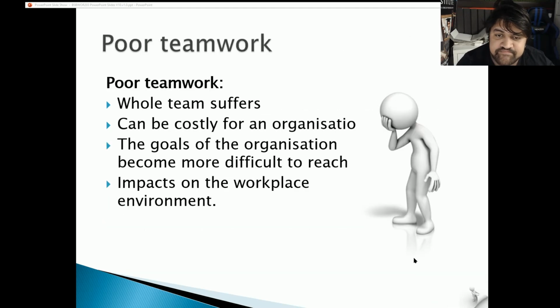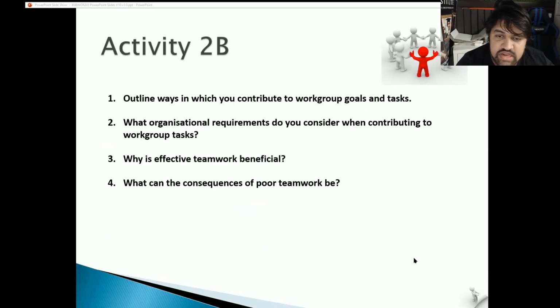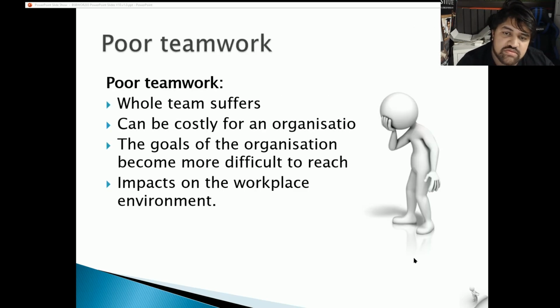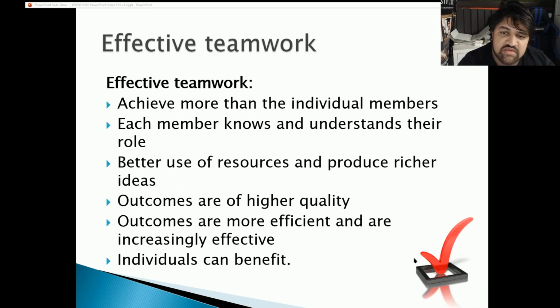Okay. So number 3, why is effective teamwork beneficial? So when we work effectively with our team, we can achieve more, we can understand our job roles better and have a longer career in that industry.